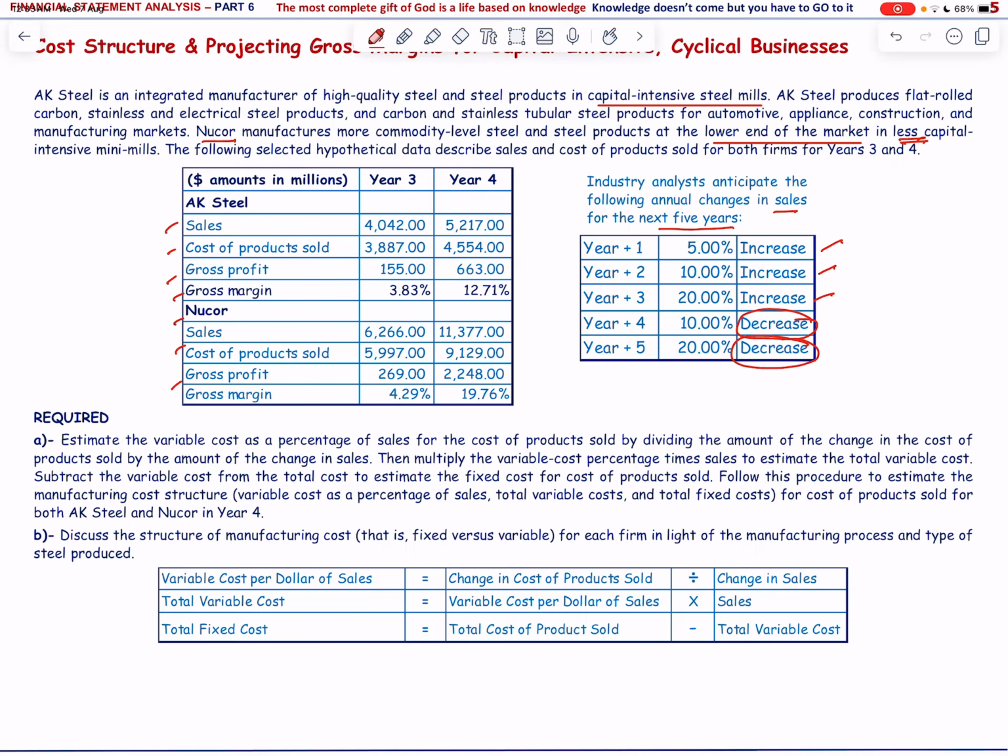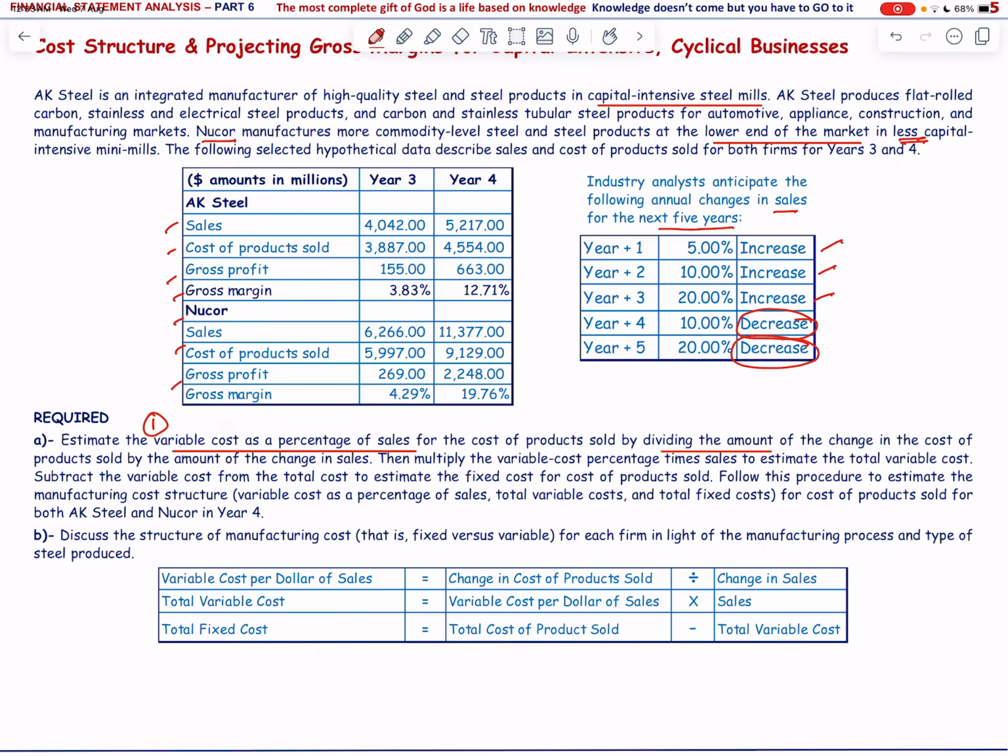Now, we are required, first of all, to estimate the variable cost as a percentage of sales for the cost of products sold, by dividing the amount of the change in the cost of products sold by the amount of the change in sales.